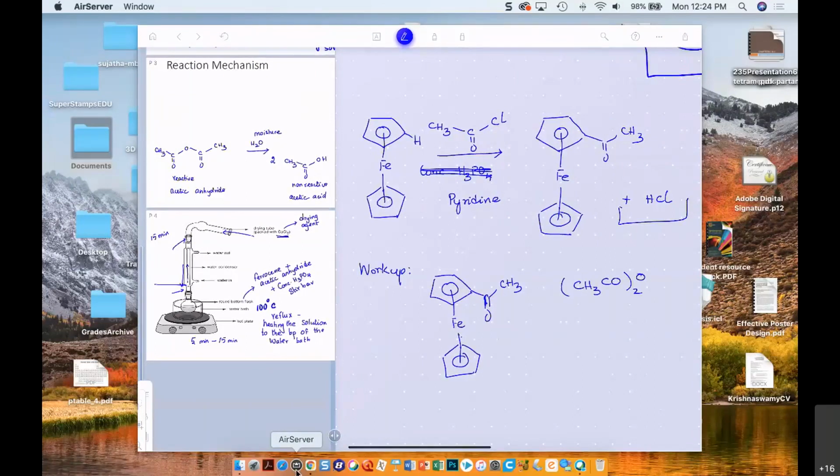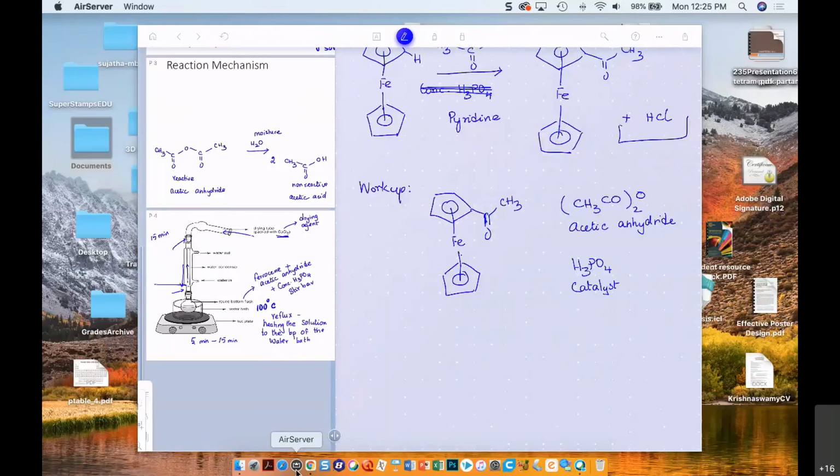That's your acetic anhydride. And then what's also contaminating that reaction vessel is phosphoric acid, which is a catalyst, and it is regenerated. So you don't have just your desired product. And then unfortunately, you might have a really small amount of your side product.